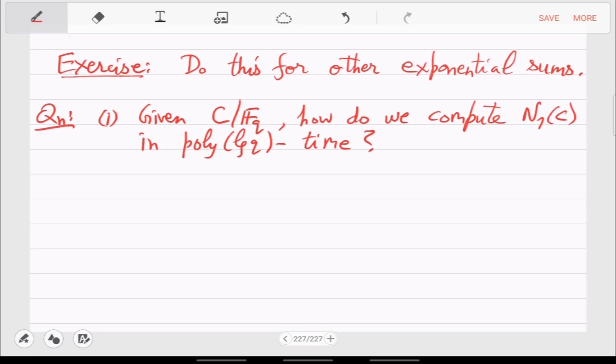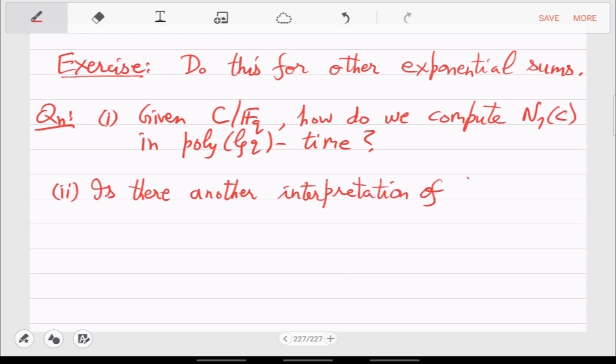So second is, is there another interpretation of the L polynomial that can help in computation?